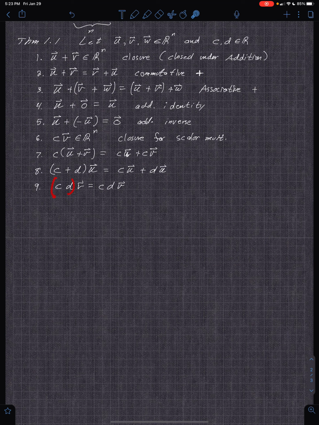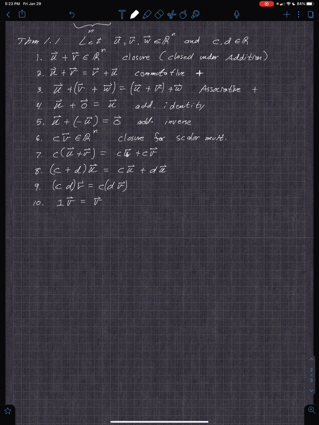You're going to do those first, or you're going to do those first. It doesn't matter. You associate the product of the scalars, or you could do a product of this vector first and then the scalars. And then 10 is 1 times V is equal to V. So that's an identity for scalars. Not really interesting, but that's identity for scalars.